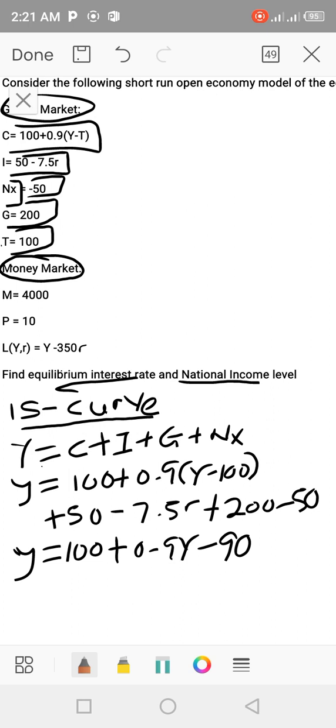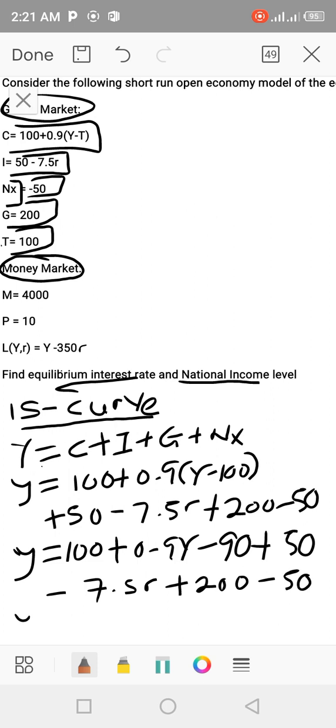So now plus 50 minus 7.5R plus 200 minus 50.